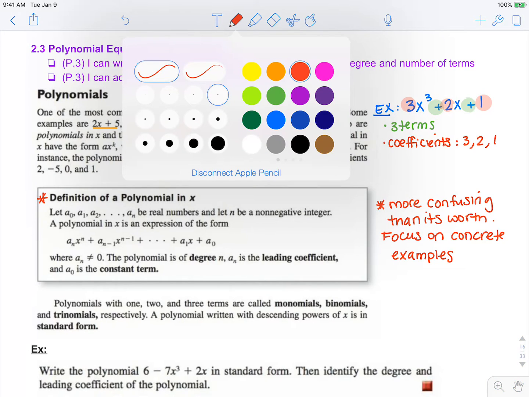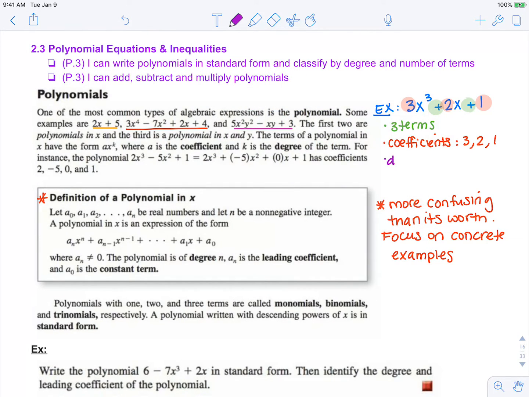We also can look for the degree of each term that is connected to the exponents. So the degree of this first term is 3. The degree of the second term is 1. It's just not written.